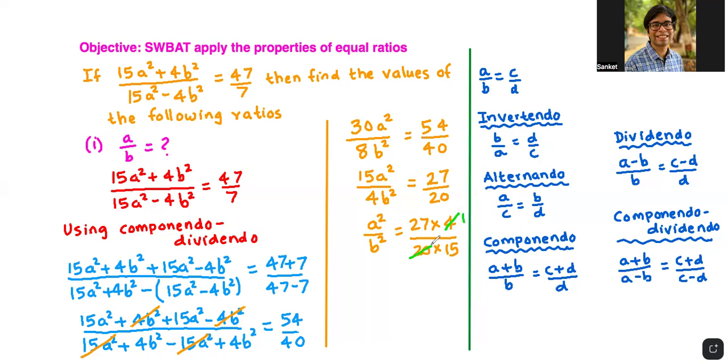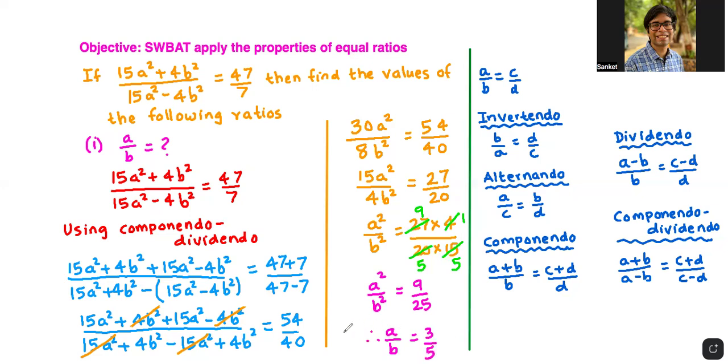I'm dividing numerator and denominator by 4, and by 3. So I get a² upon b² is equal to 9 upon 25. And therefore, a upon b is equal to 3 upon 5.